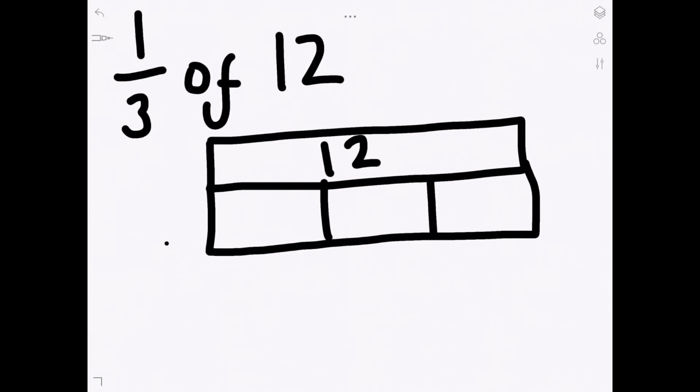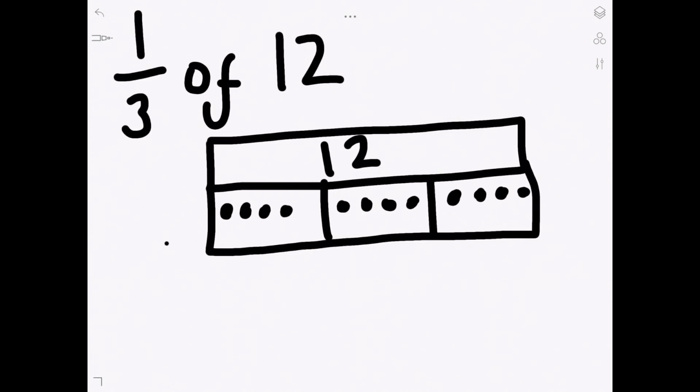And this means that the 12 at the top we are trying to split equally into 3 parts. So we need to fill in some circles. So count with me: 1, 2, 3, 4, 5, 6, 7, 8, 9, 10, 11, 12.